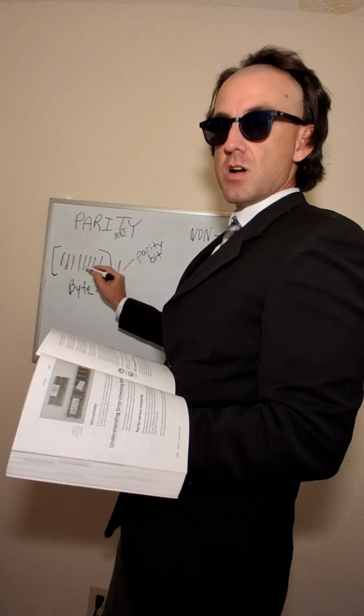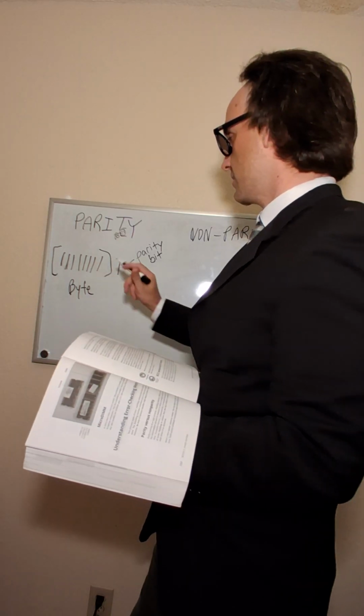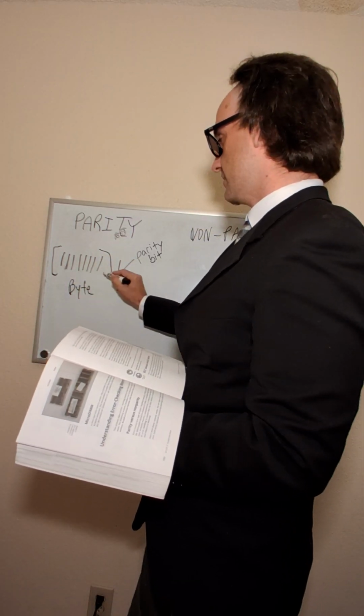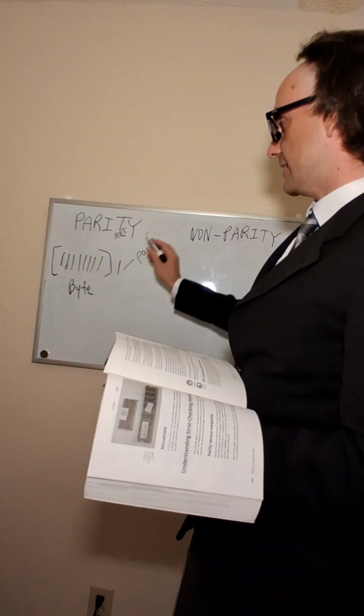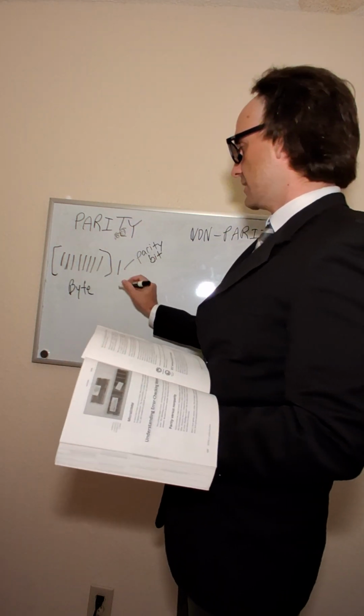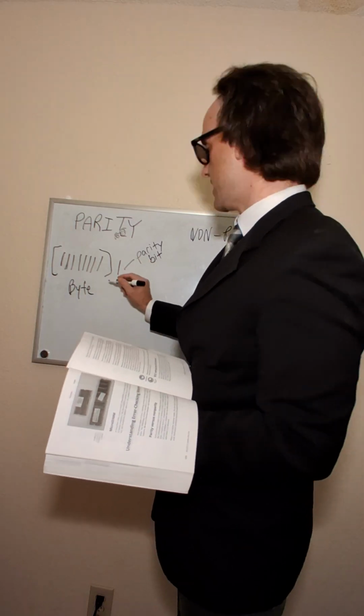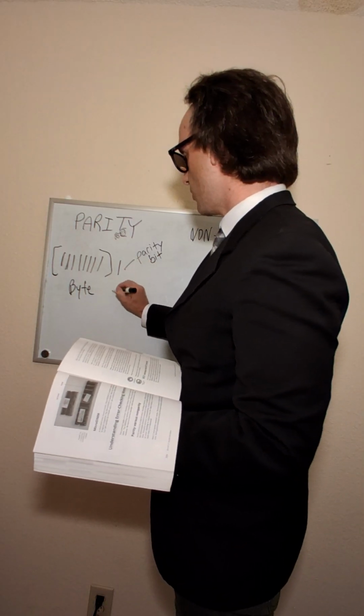Some of them will be 0s if they're turned off. In this example, all 8 are on. So when it's parity, we add everything up: all 8 plus the 1 parity bit means 9 total.